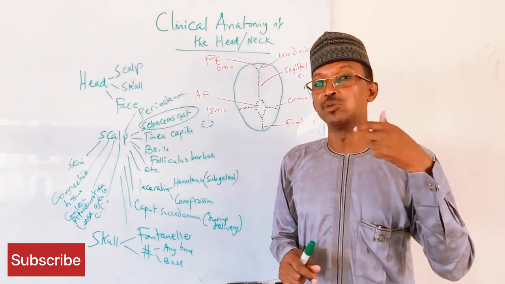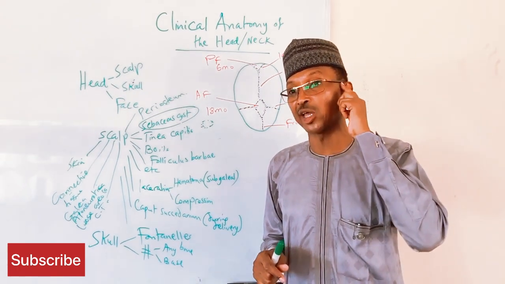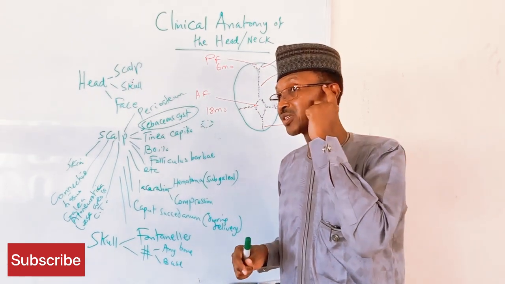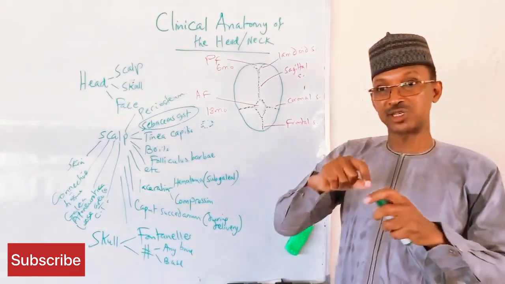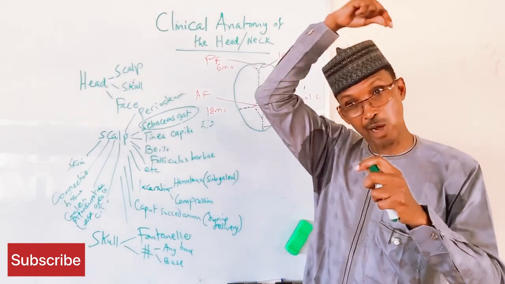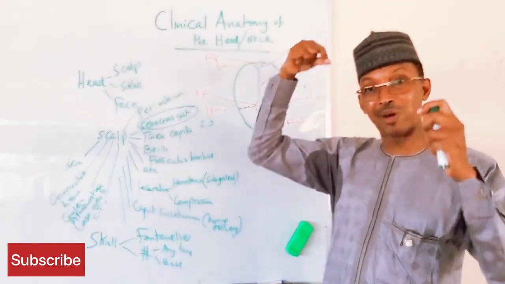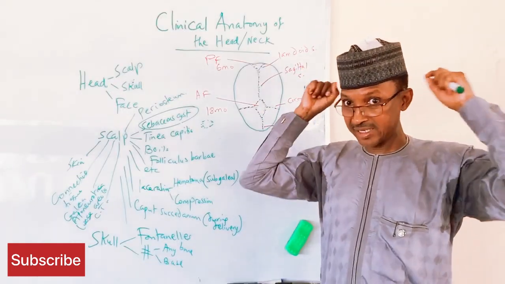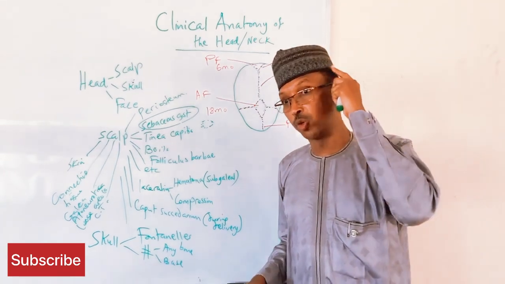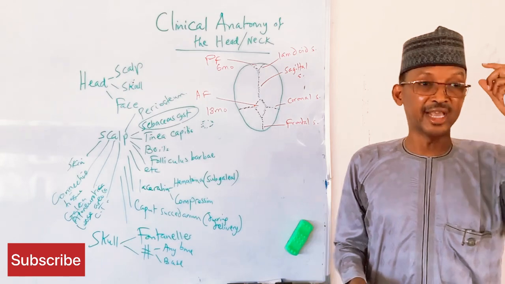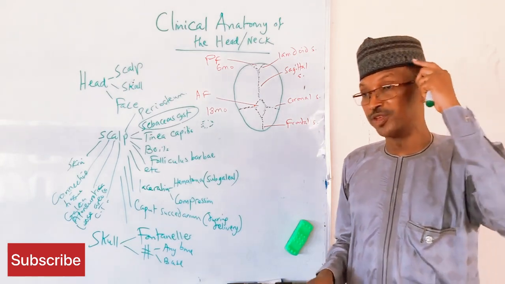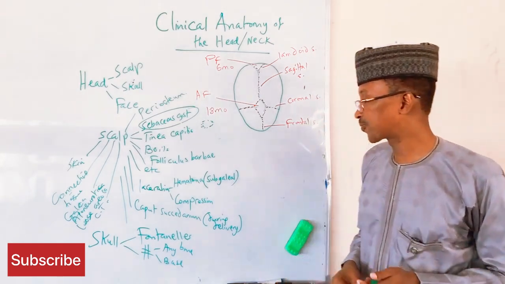For you to be able to do that, the person can do it himself to compress this area, or you can tie a tie. Just get a head tie to tie around just like a turban. You turban around and then you tie it so that blood will not be going this side. Are you clear? To avoid the gushing of the blood out of this superficial temporal artery.